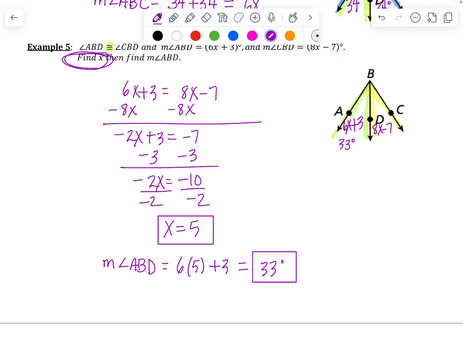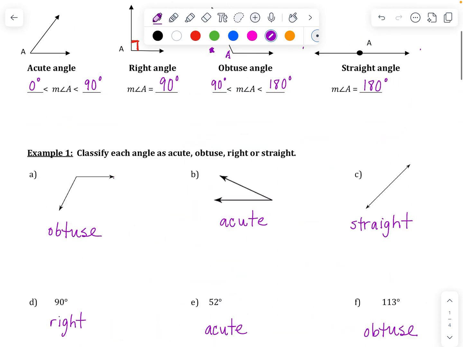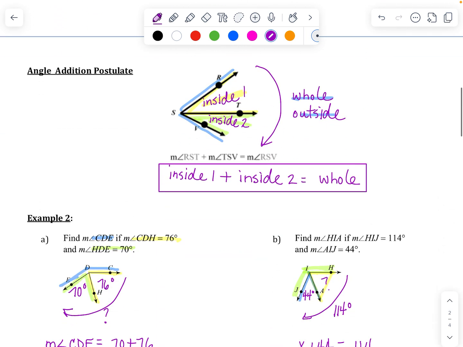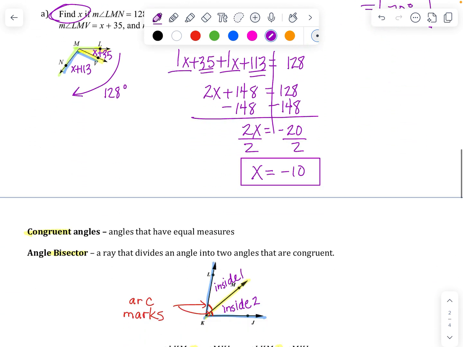All right, so to summarize, we're asking you to be able to classify angles as acute, right, obtuse, or straight based on their measurements. We're asking you to be able to apply the angle addition postulate, which means add up the two smaller inside angles and set it equal to the outside angle. Use your algebra or your math skills to solve.